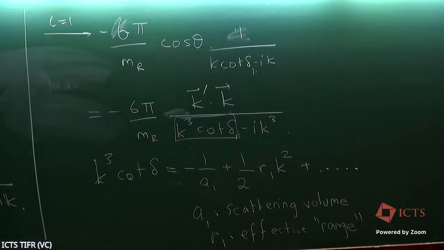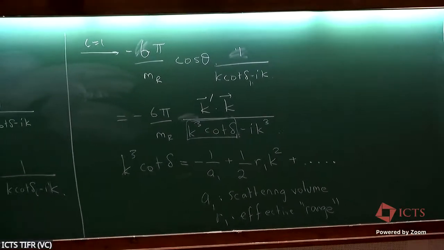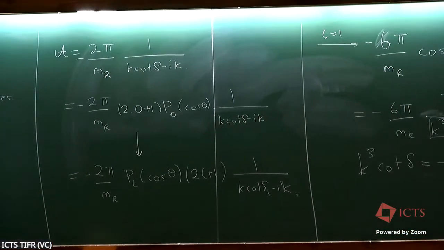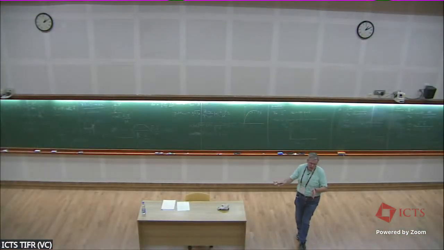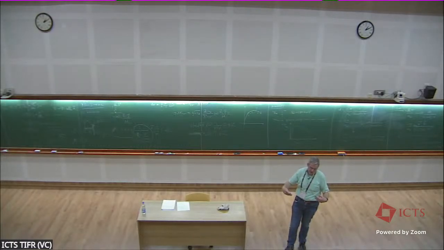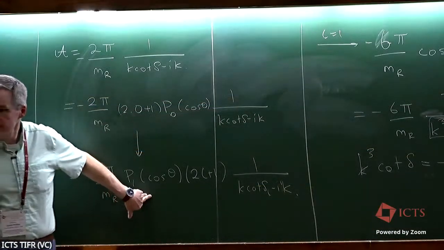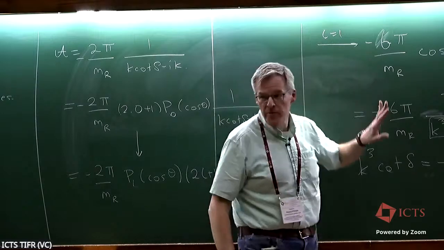I was doing this heuristically, which is a teacher's word for wrong. If you do this carefully, you start with f of k and theta and you Legendre expand it. I'm just doing the motivation. I said, here's the S wave one, it generalizes to this. So if I pick out the P wave component, it looks like this.